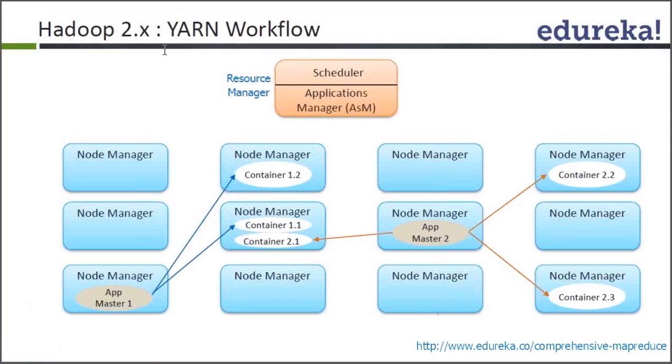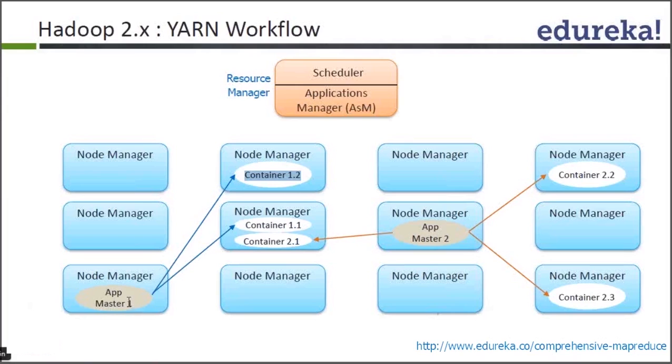If you look at the screen over here, you have got the resource manager. There are two parts, right? I told you, applications manager and scheduler. The resource manager would, for the first job, create a container for the application master. Let's say the nodes are 1, 2, 3, 4, 5, 6, 7, 8, 9, 10, 11, 12, top down.